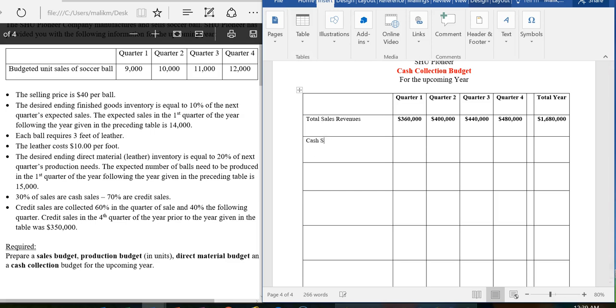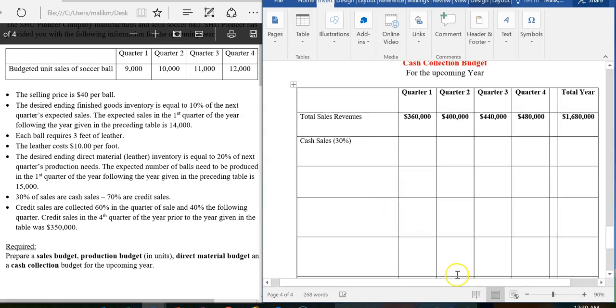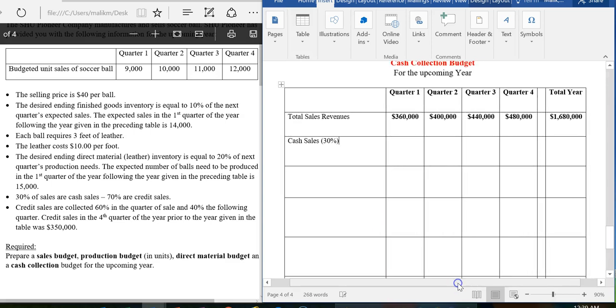One is cash sales, which is actually 30%, and another is the credit sales, which is actually the rest of 70%. So now let's split it up. Quarter one, take 30% of 360 and the remainder will be your credit sales.